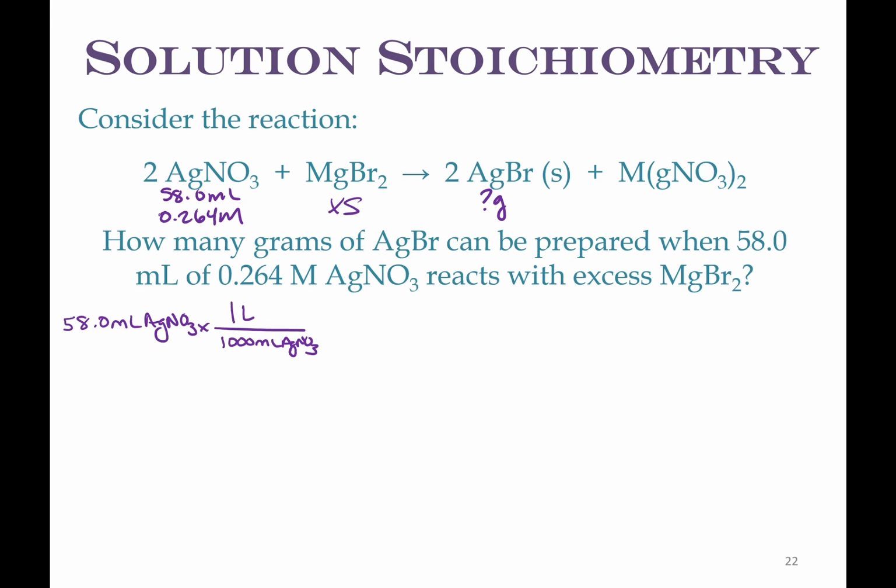So we're going to convert from milliliters to liters. So 58 milliliters, there are 1,000 milliliters in 1 liter. So now we put our molarity step in. For every 1 liter of AgNO3, there are 0.264 moles of AgNO3.